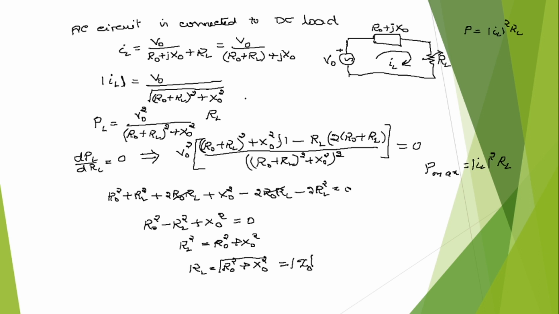Okay, next, AC circuit is third condition. AC circuit is connected to AC load, means Thevenin's equivalent circuit for AC circuit.